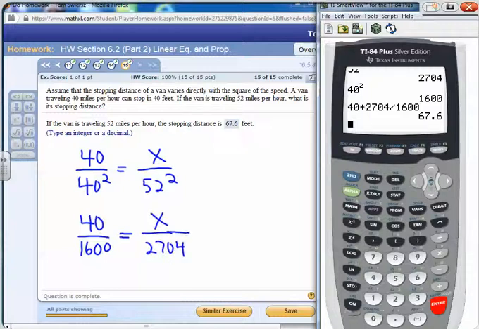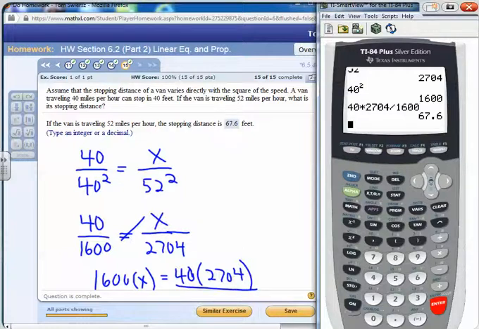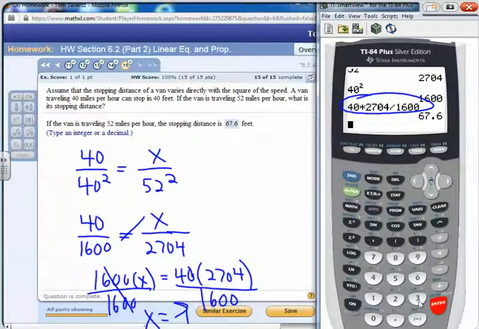Then you can just do the cross products. 1600 times x equals 40 times 2704, and divide both sides by 1600. So you get x equals 40 times 2704 divided by 1600, which is what we did on our calculator and got.